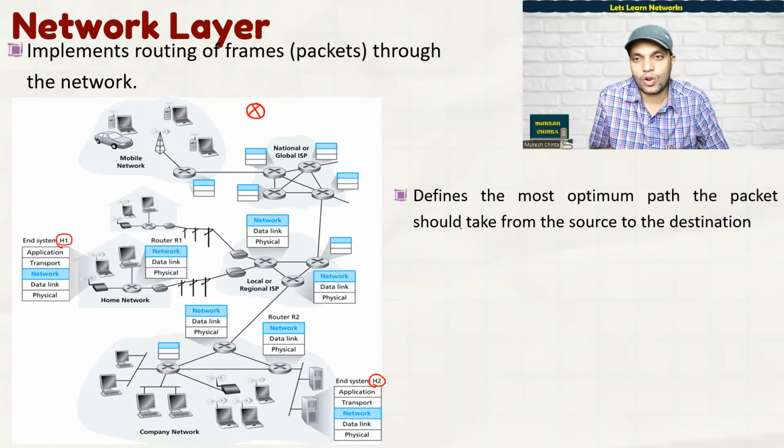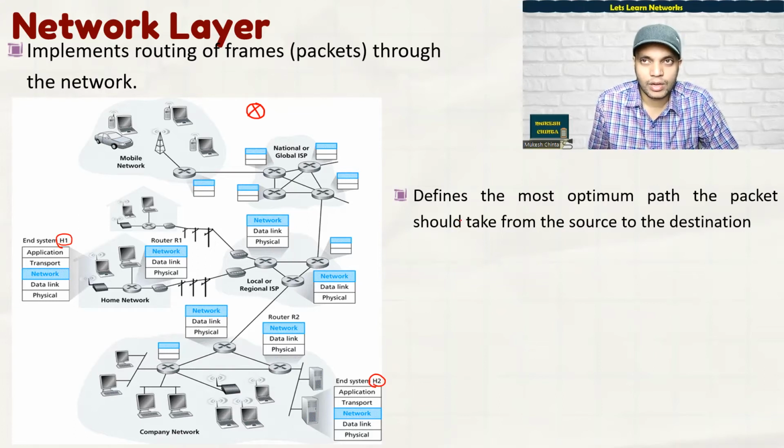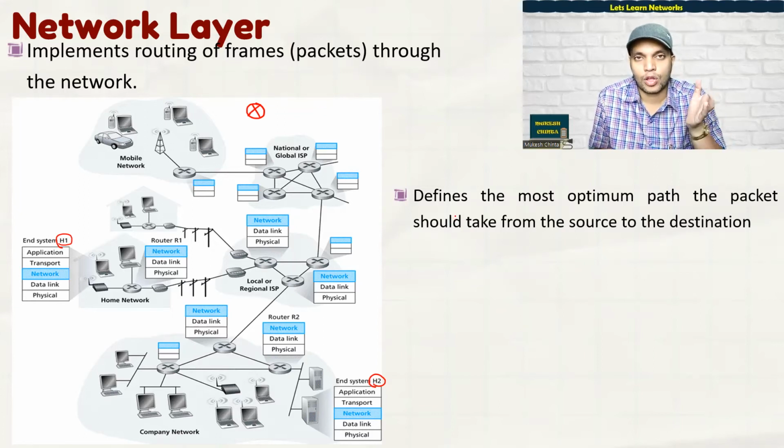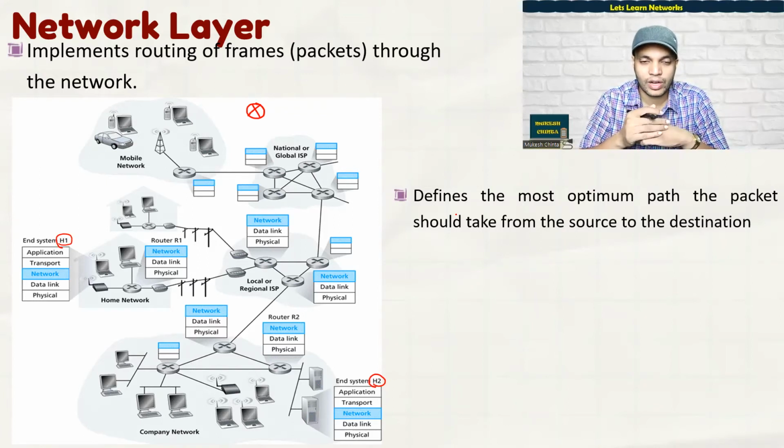How does it do that? There is a technique called routing, and many algorithms are defined for it. Routing is the network-wide task of finding the best or optimum path from source to destination. Some people might get confused with another term, forwarding, because when we talk about the network layer, they talk about forwarding also.